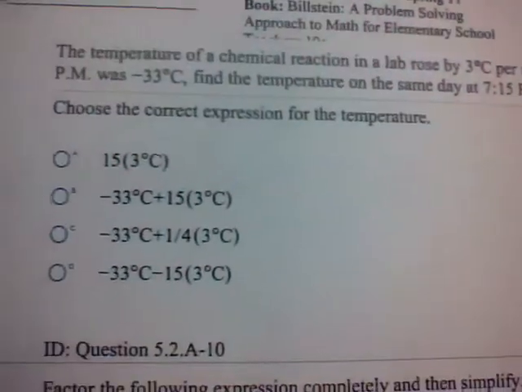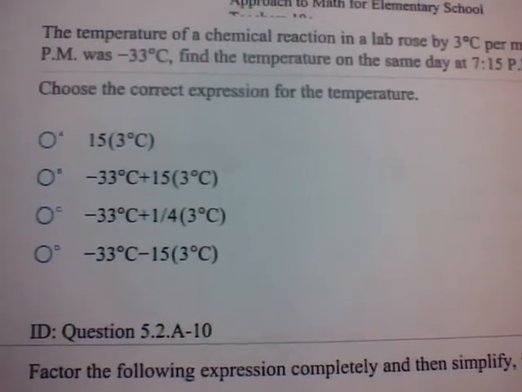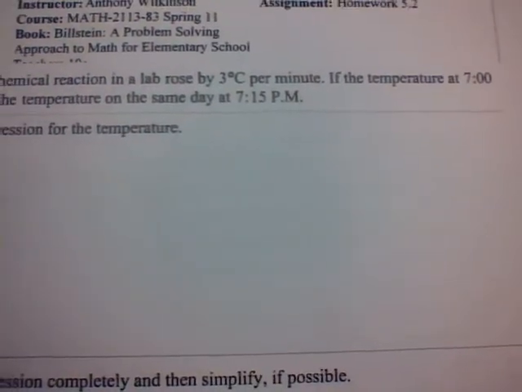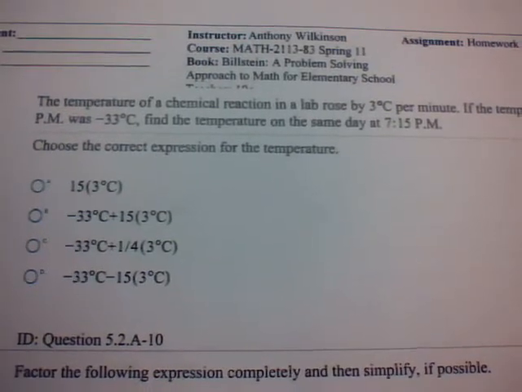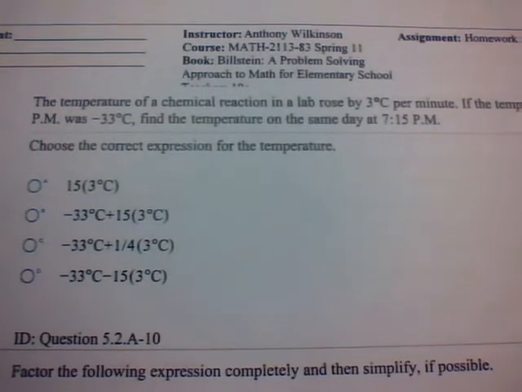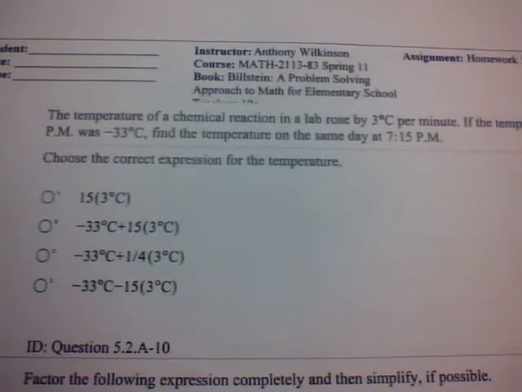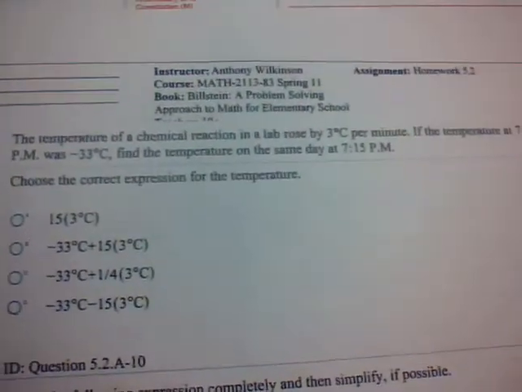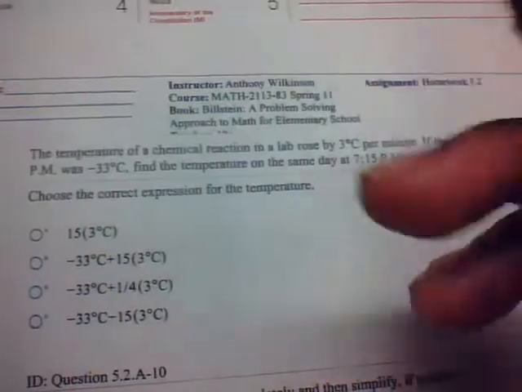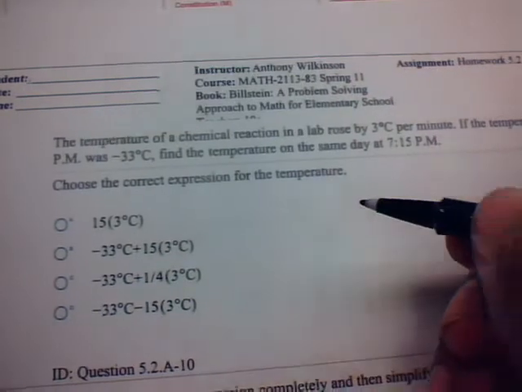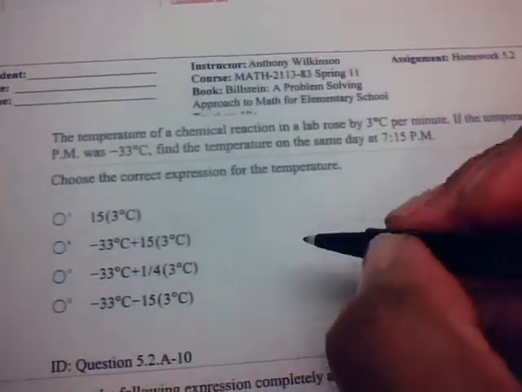All right, number 8. Here, the temperature of a chemical reaction in a lab rose by 3 degrees Celsius per minute. If the temperature at 7 o'clock p.m. was negative 33 degrees Celsius, find the temperature on the same day at 7:15 p.m. Now, in this case here, they want you to choose the correct expression for that temperature.